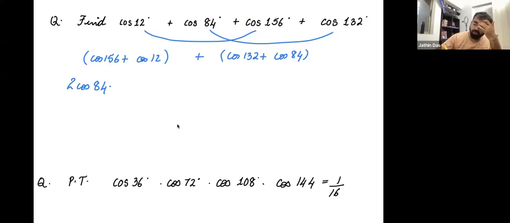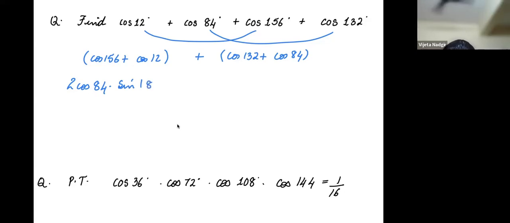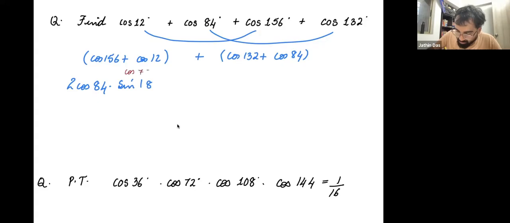Cos 72. Cos 72 I'm directly writing as sin 18, because I know the value of sin 18, so I'm writing sin 18 directly. This is actually cos 72.